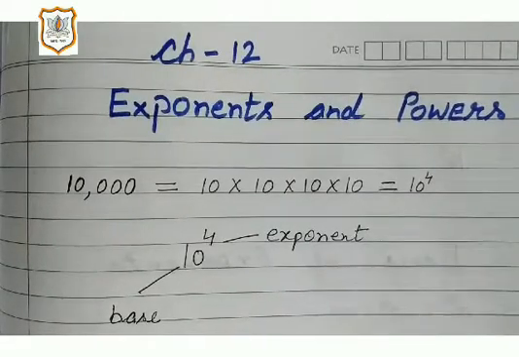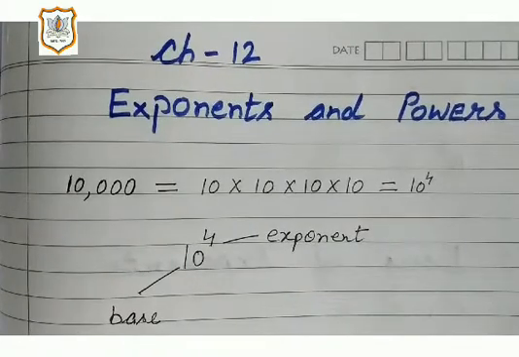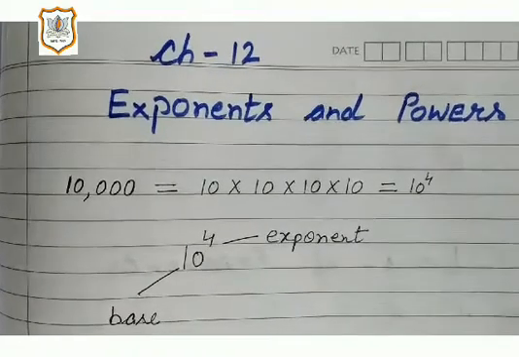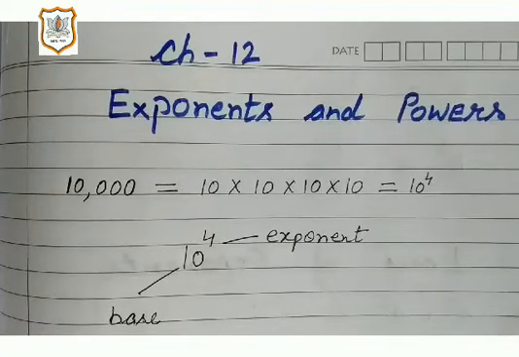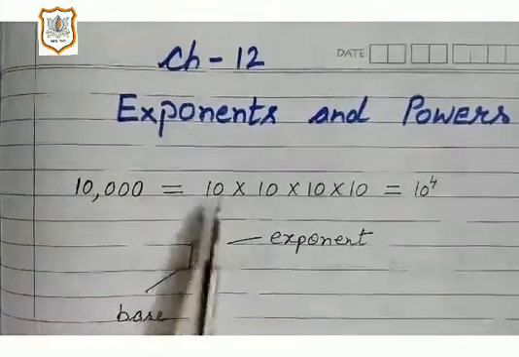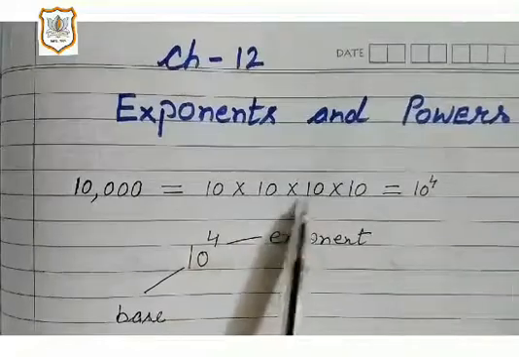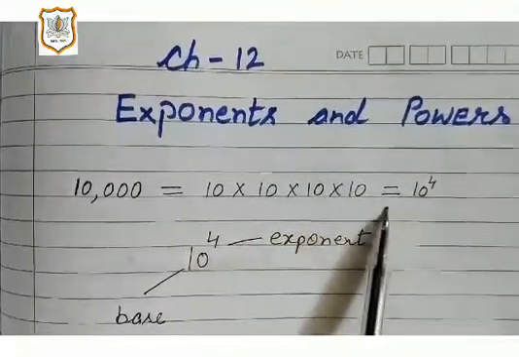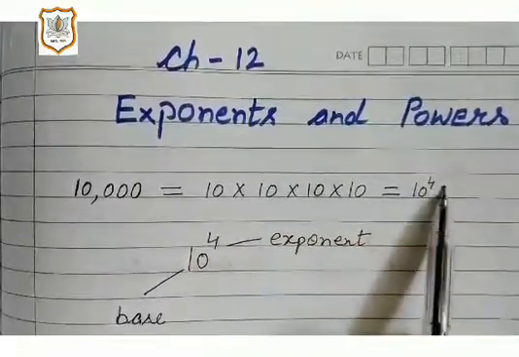Students, in class 7 you have learnt about exponents and powers. We can write large numbers in a shorter form using exponents. For example, 10,000 is equal to 10 multiplied by 10 multiplied by 10 multiplied by 10, which is equal to 10 power 4.